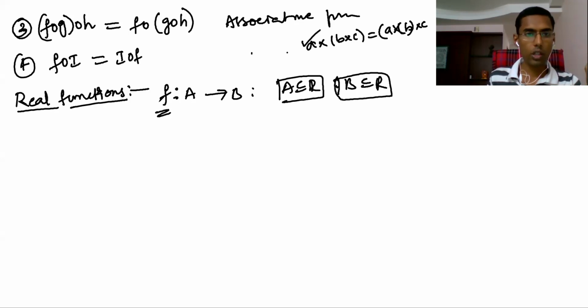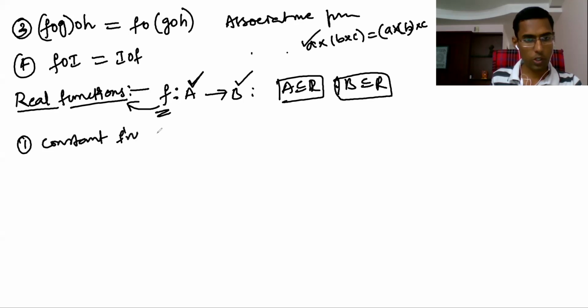Then f is called a real function. Real function means the domain and codomain are subsets of real numbers. In real functions, I already explained two functions. One is constant functions. What is this constant function?